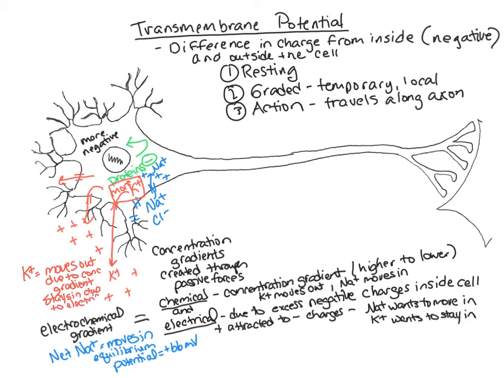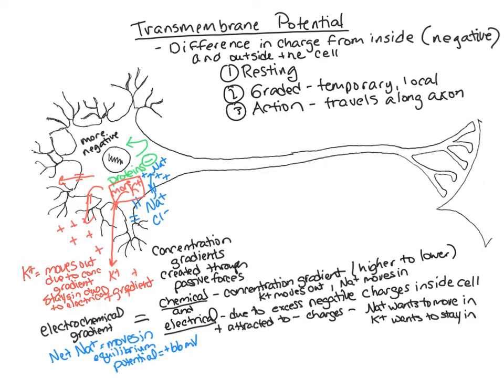As well, potassium has a repulsion to the outside of the cell because of the positive charges in the extracellular fluid due to the sodium ions. In other words, potassium is repulsed by positive charges. Positive charges repel other positive charges, so potassium doesn't want to move out because of these reasons.